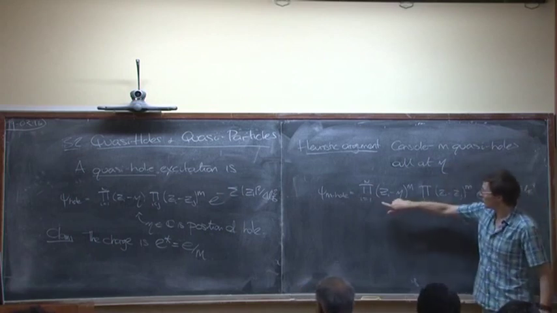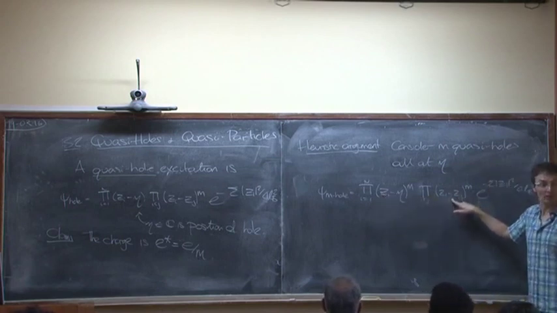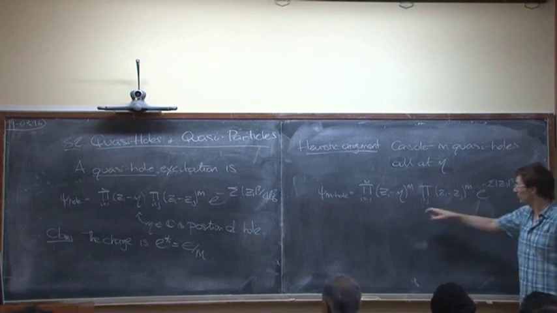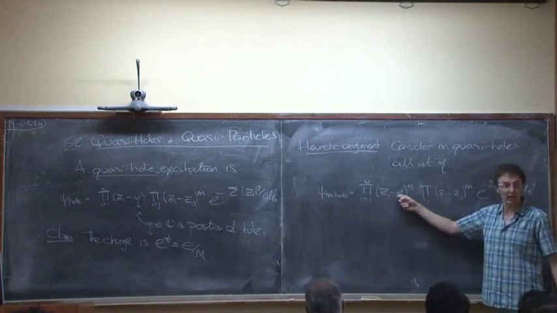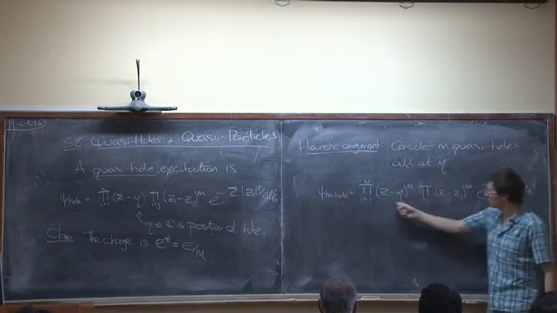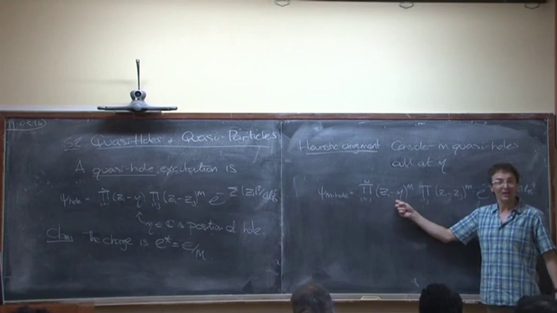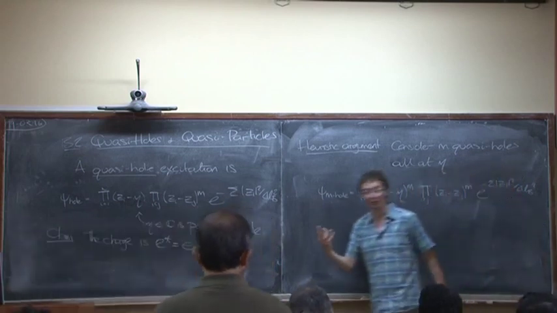But now you can see that the way the quasi-holes appear is on exactly the same footing as the way the electrons appear. So if this was the position of an electron, this would simply be the wave function, up to normalization here, of n plus 1 electrons. But it's not a dynamical degree of freedom for an electron.